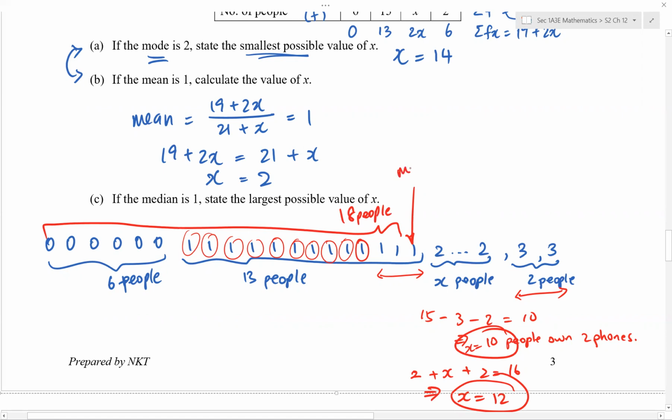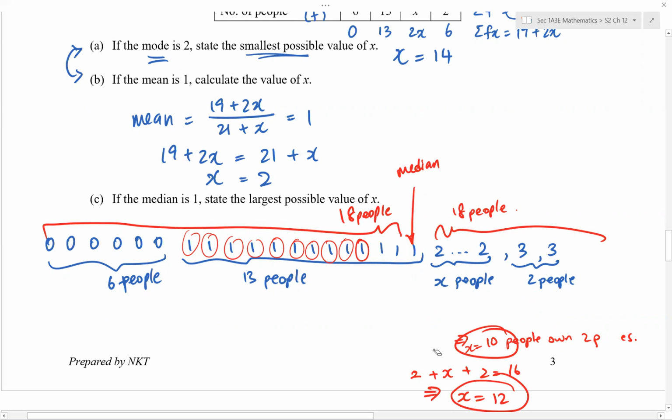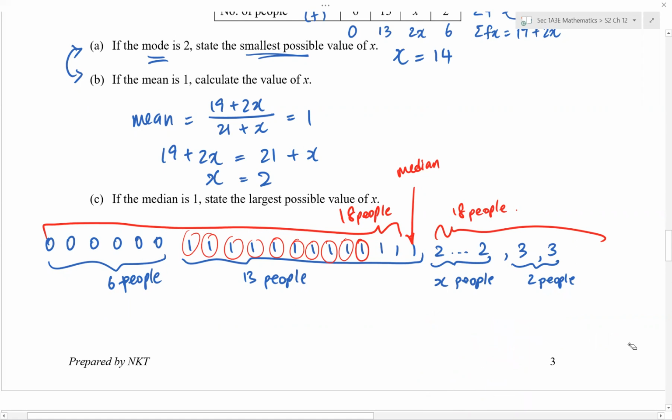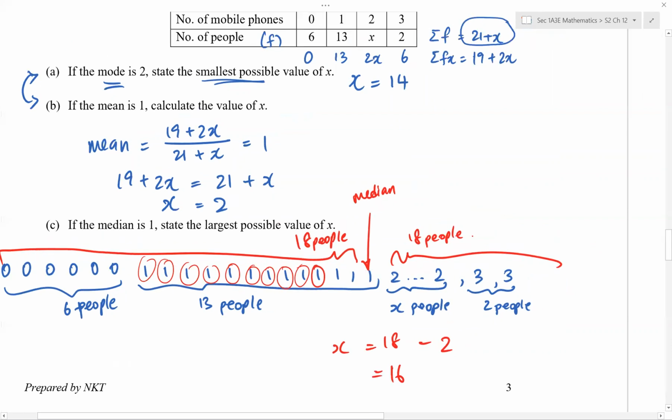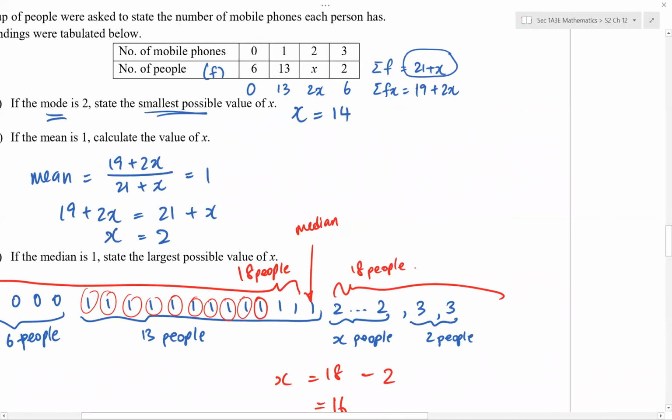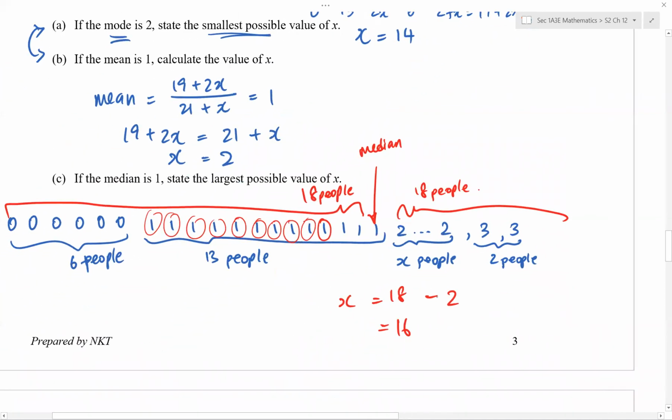If this is the median, then I've got 18 people here as well. And now our value of x is going to be 18 minus the 2 people who own 3 phones. So this is our x value, 16. The largest possible value of x is going to be 16.